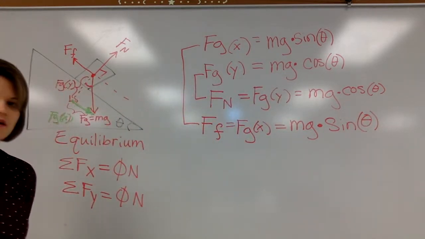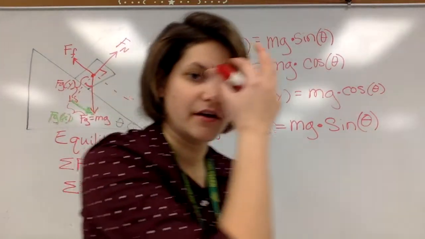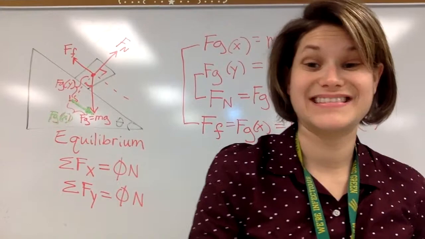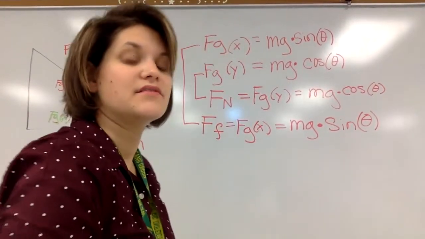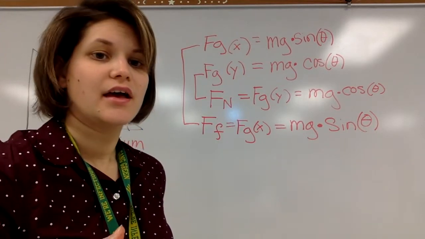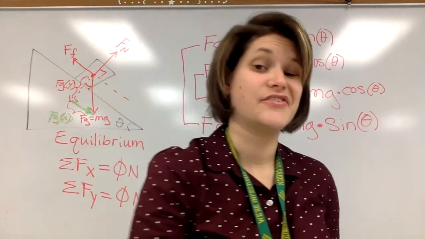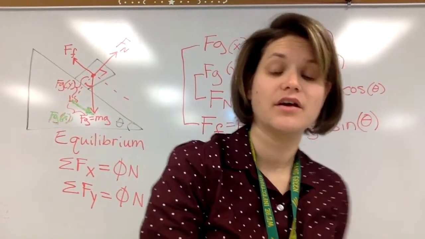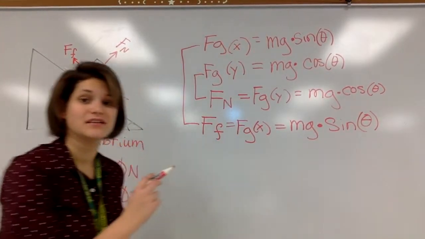Okay. Now the overall goal here is in these specific problems 4, 5, and 6, talk about finding either an angle or a coefficient of friction. And the only information you're getting is either the angle to solve for coefficient of friction or coefficient of friction to solve for an angle. You're not given mg.